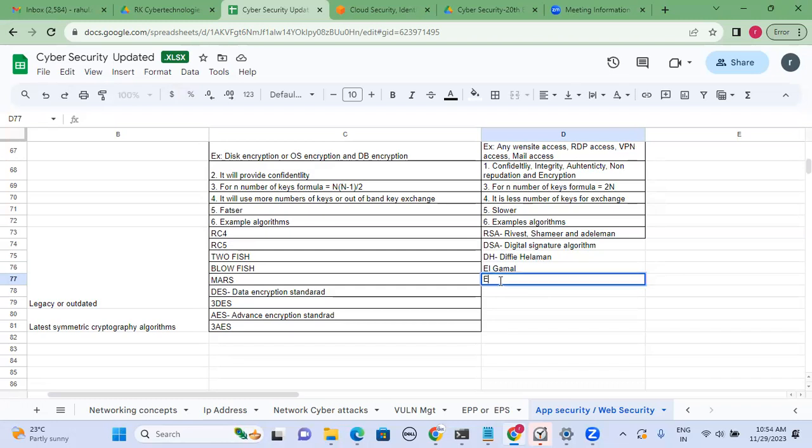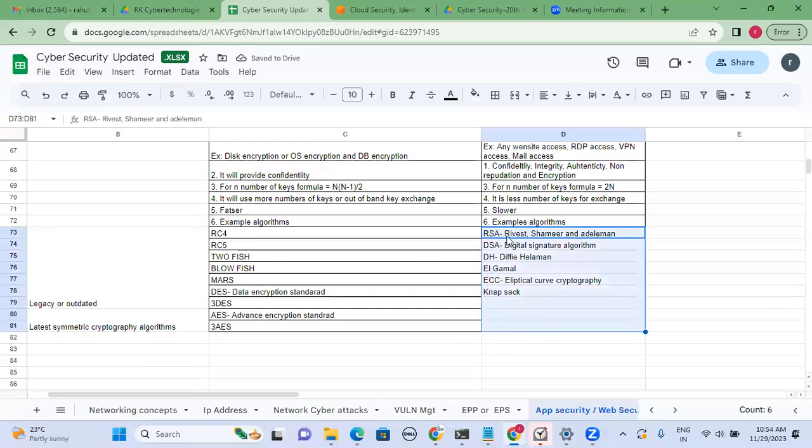Next one is ECC, Elliptic Curve Cryptography. Next one is Knapsack. So these are all the asymmetric side.